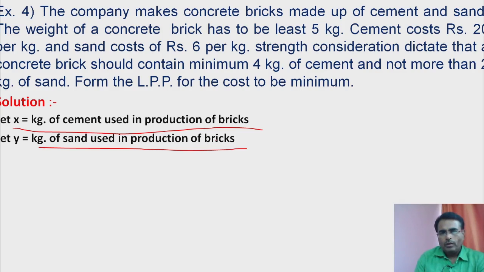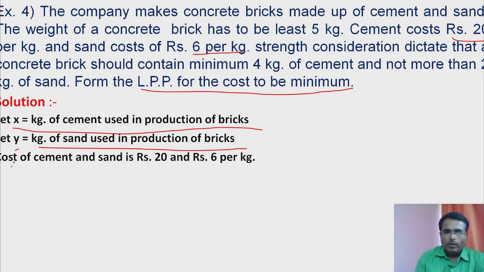Now, it is given that here we want to minimize the cost. The cost of cement is 20 and of sand is 6 per kilogram. That is why you have to consider X kilograms of cement used. Therefore, the cost of cement is 20x and the cost of sand is 6y.